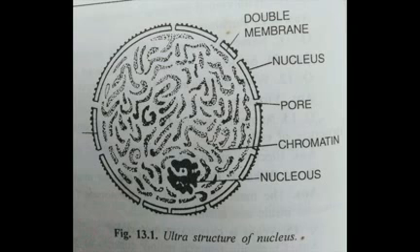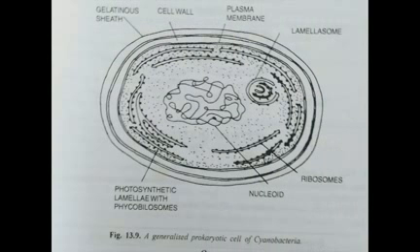Now organisms whose cells don't have a nuclear membrane are called prokaryotic cells. Prokaryotic: pro means primitive, karyotic means nuclear. These are termed prokaryotic organisms, or simply prokaryotes.